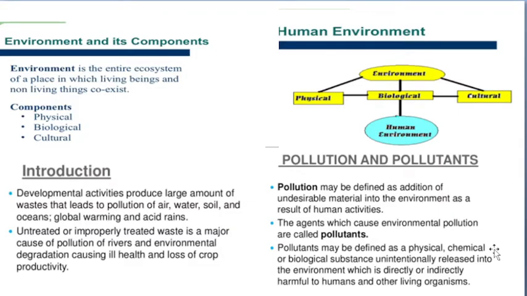I told you what environment is, and I have already discussed it in my past lecture. Environment means what is surrounding us, which generally consists of 3 components: physical, biological and cultural. When we sum all these 3 parameters, it gives you the total environment. Under the physical component we cover all the abiotic components like the hydrosphere, lithosphere and atmosphere.